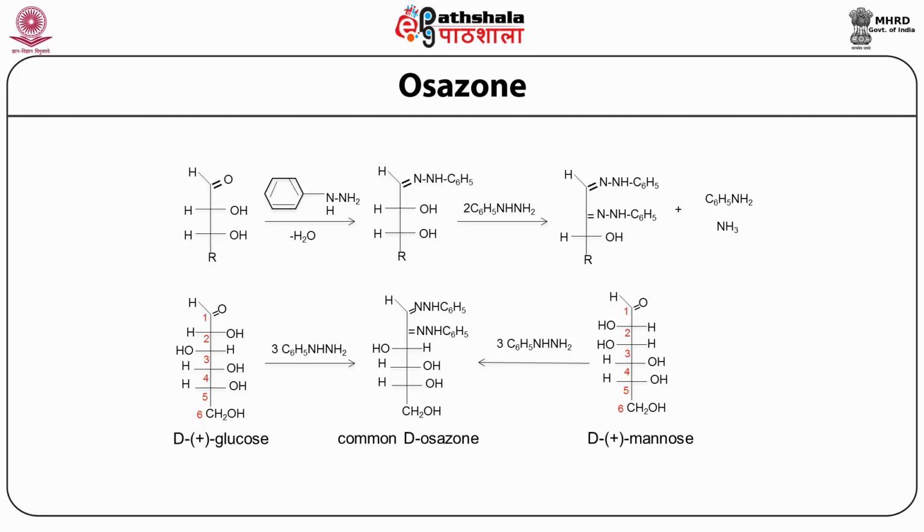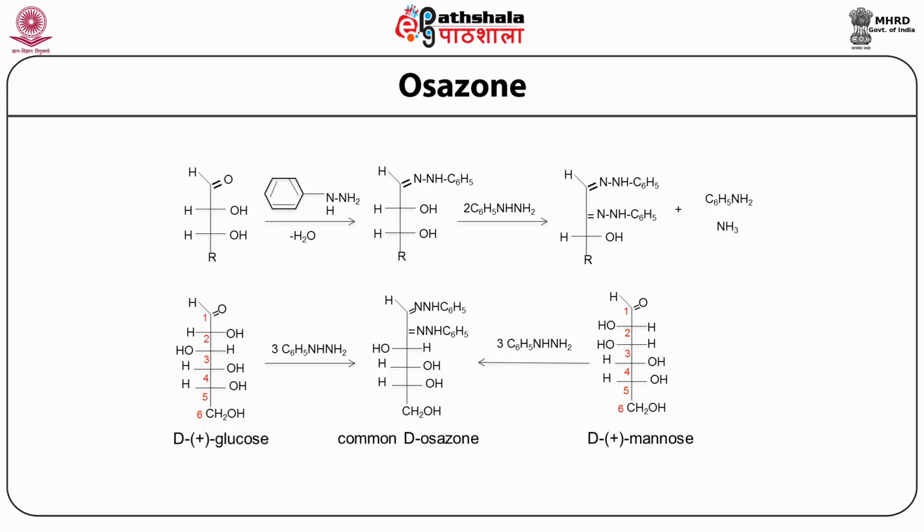As the linear form reacts with phenylhydrazine in the presence of acid, hydronium, more and more of the cyclic form will get converted to the linear form. In other words, as the linear form gets depleted from the aqueous solution by reacting with phenylhydrazine, the equilibrium shifts from the cyclic form to the linear form, and so more and more of the cyclic form will be converted to the linear form.